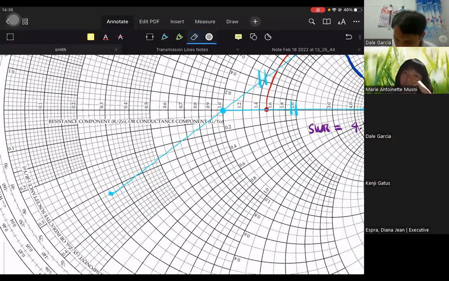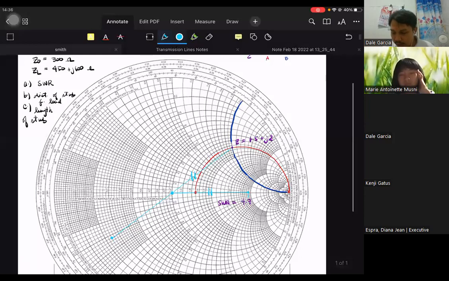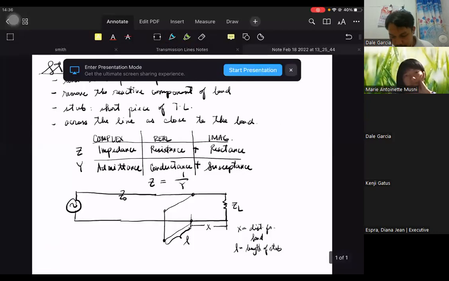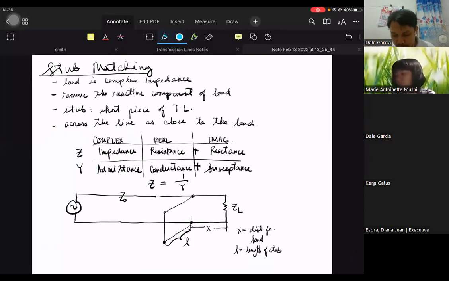Okay. So if this is a normalized Z, located earlier, we've learned that we need to find the admittance to cancel out the impedance mismatch.